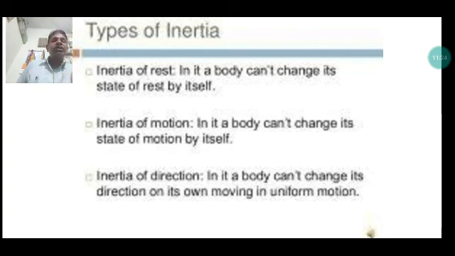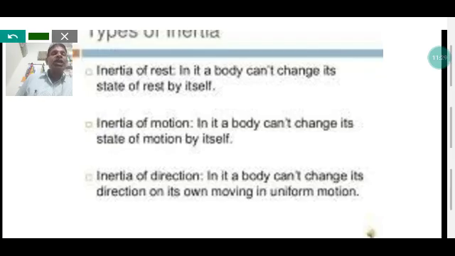Inertia of motion. In it, a body cannot change its state of motion by itself, and it changes motion only when an unbalanced force acts upon it. But if there is no unbalanced force, the object moves forever. That is due to inertia of motion. Inertia of direction. The body cannot change its direction by itself.